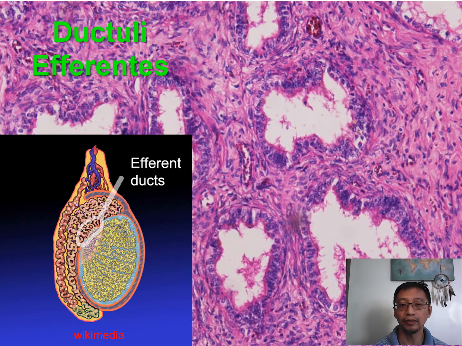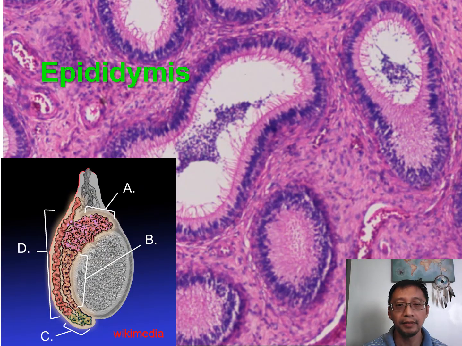The efferent ducts will now drain into your epididymis. The epididymis consists of a head, a body, and a tail. And inside the epididymis, we have a very distinct pseudostratified columnar epithelium with stereocilia. The epididymis will serve as a temporary storage of your sperm cells until it matures. Surrounding your epididymis, you have your smooth muscle cells.